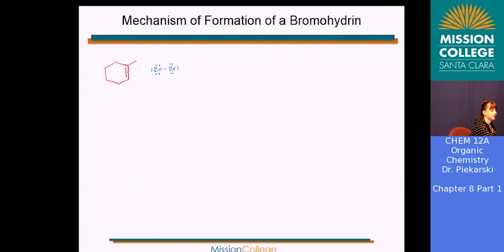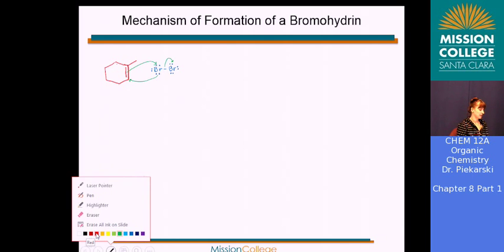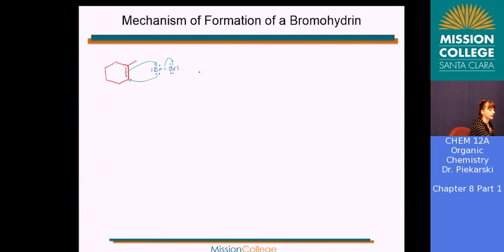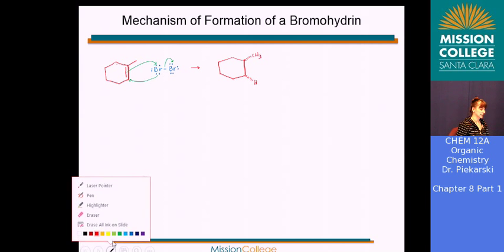So the double bond goes like this, kicks off the bromide, and then comes back here. So you need that third arrow so you can illustrate to your audience that you made a cyclic intermediate. So we get the same intermediate we've done before. So therefore, I'm going to have the methyl group on the bottom and the cyclic intermediate on top, just to be consistent.